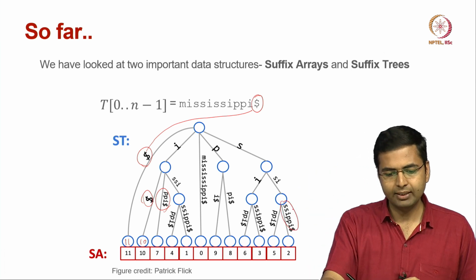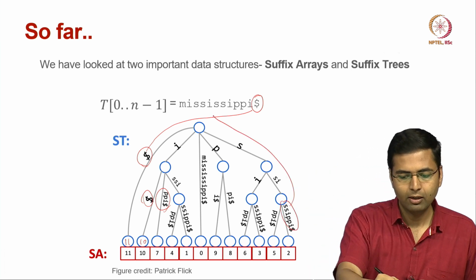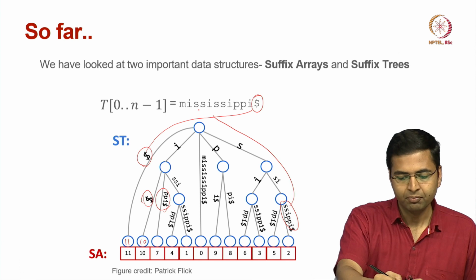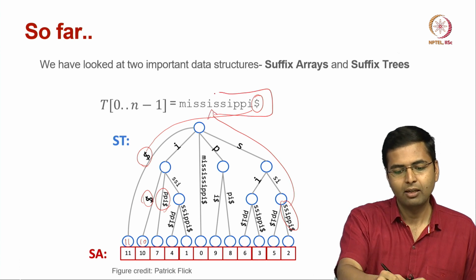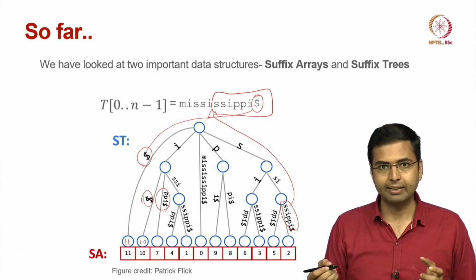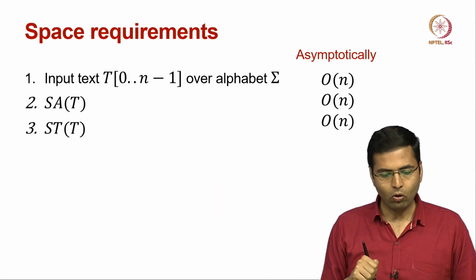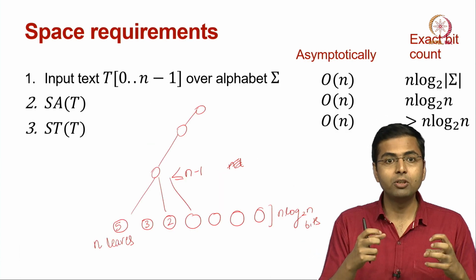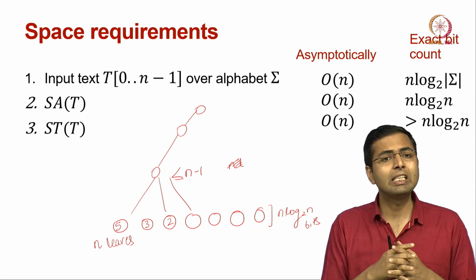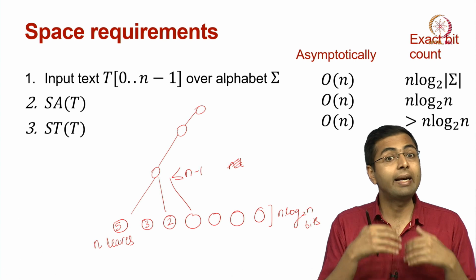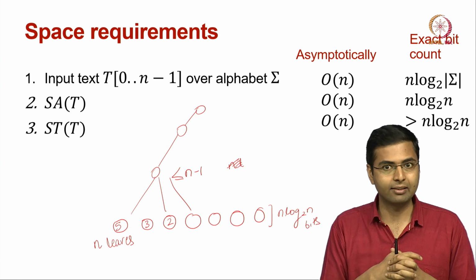For example, for this edge I can store a pointer to the text saying that the label starts from here and has length, in this case, 6. All this information, like internal nodes, edges, and leaves, implies that the space requirement of suffix trees is greater than the space requirement of suffix arrays.